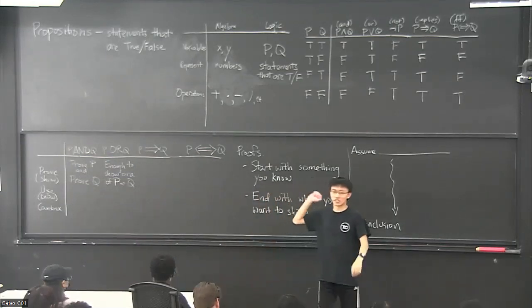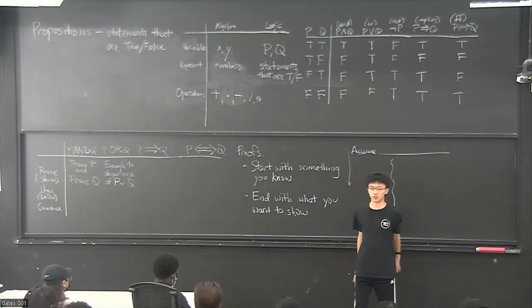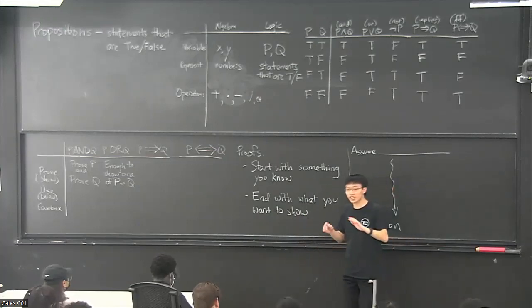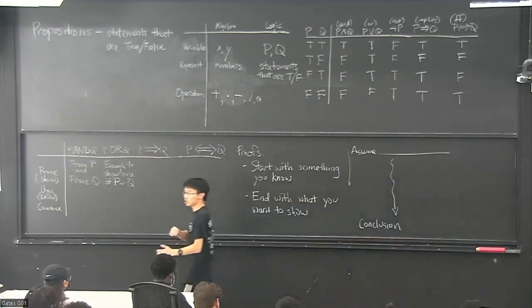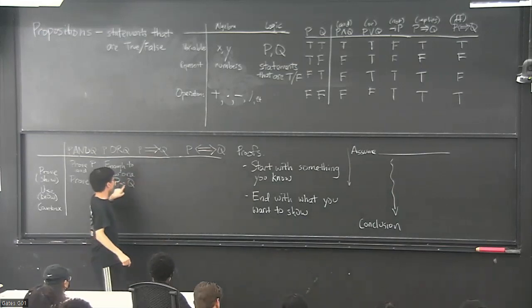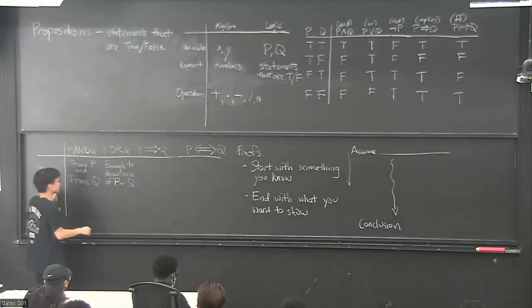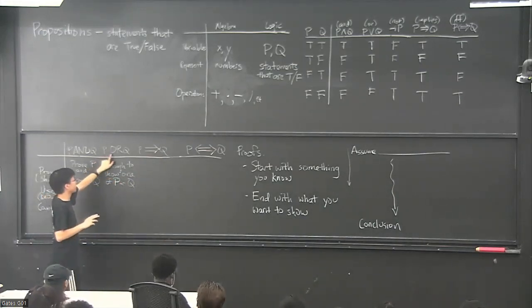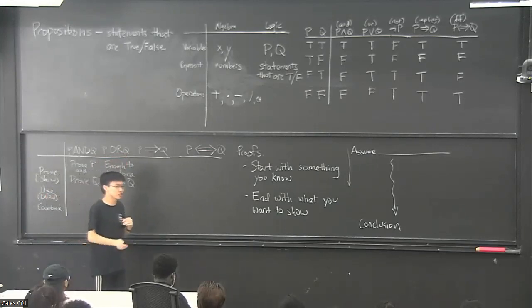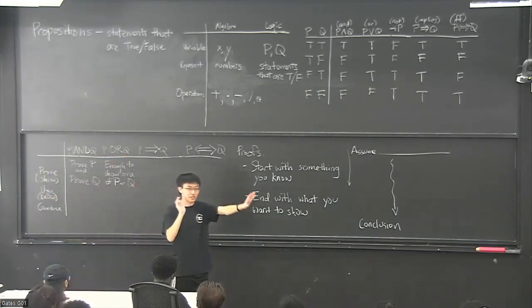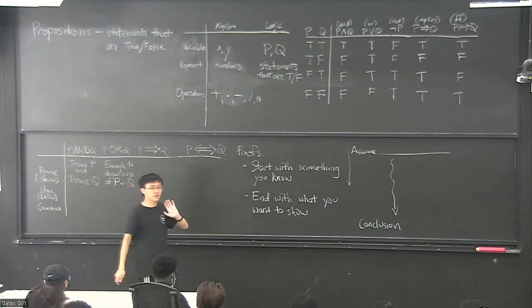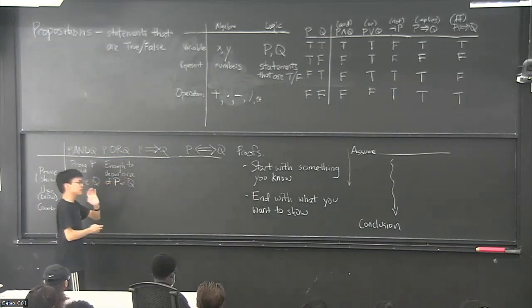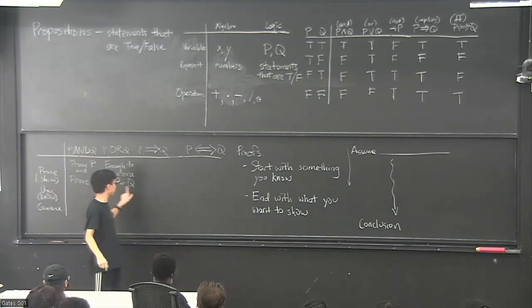In fact, none of these things are hard and fast rules, but there are guidelines for you to think about how to go through proofs. In this case, if you want to prove a statement of the form, let's say it's raining or it's cloudy, it's enough to just show that it's raining. Then the whole statement is true. It's also enough to show maybe that it's cloudy. Therefore, it's raining or it's cloudy.